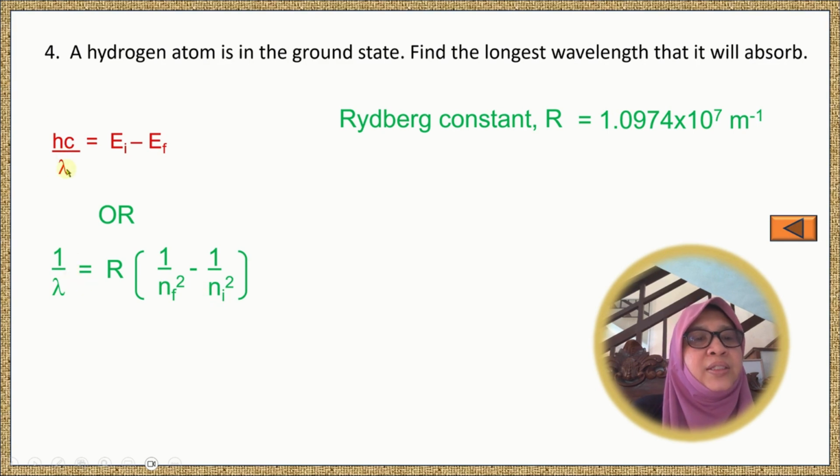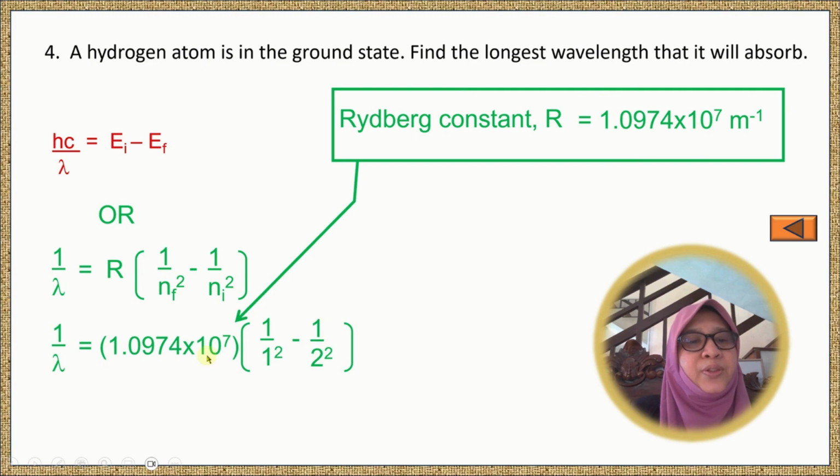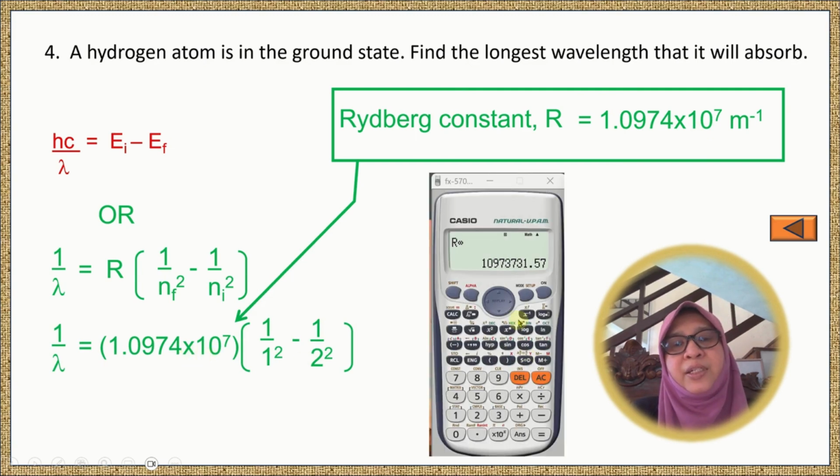So hc over lambda, hc over 13.6, we get the Rydberg constant, which is 1.0974 times 10 to the power of 7 per meter. You can get this from the calculator, where it is labeled as R infinity. So this is the value.